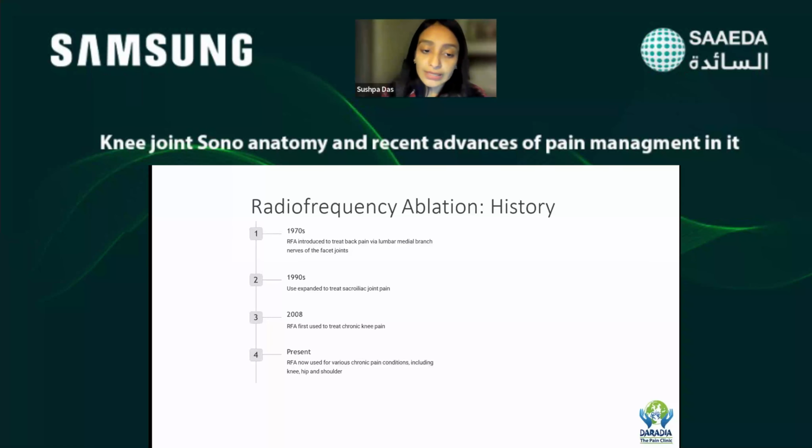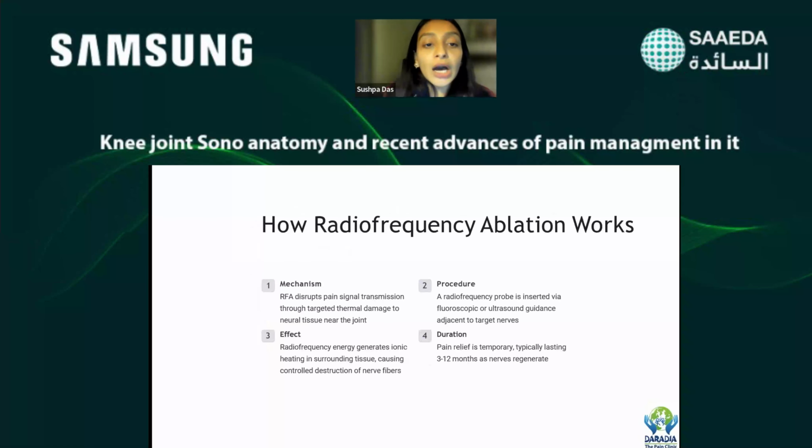And now, these days, we are seeing its varied uses in hip and shoulder pain as well. So basically, I want to emphasize that if there is any large joint which is causing chronic pain, we can easily go for radiofrequency ablation, and it is seen to give good results if we are using cooled radiofrequency in these cases.